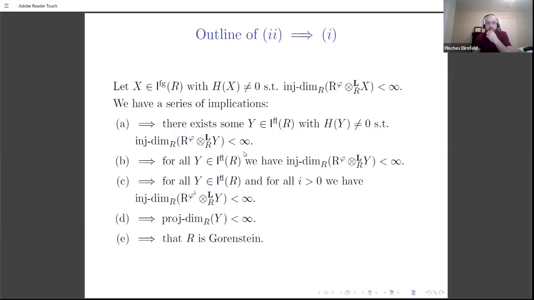So if I know that for every Y in IFLR, and for every i bigger than 0, R phi to the i derived tensor with Y has finite injective dimension, I want to show that this will actually show that Y has finite projective dimension.